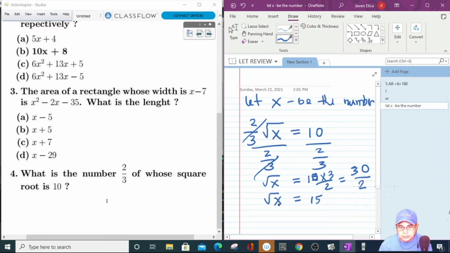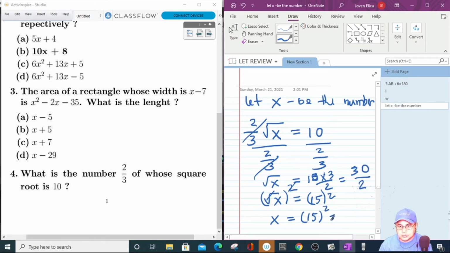Now to find the value of x, we can square both sides so that it will cancel out the square root symbol. So the value of x now is equal to 15 squared. What is 15 squared?